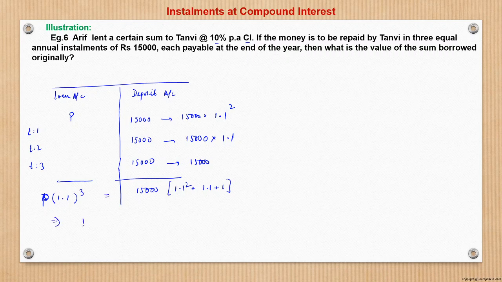So if we equate this, P becomes 15,000 into 3.31 upon 1.1 cube. This becomes 1.331. If we solve this, we get the original principal as 37,302.78, right?